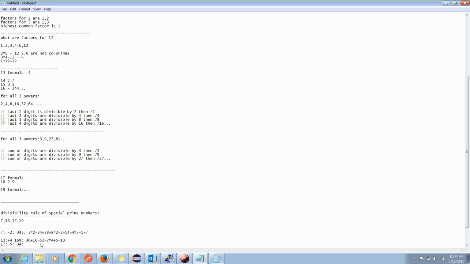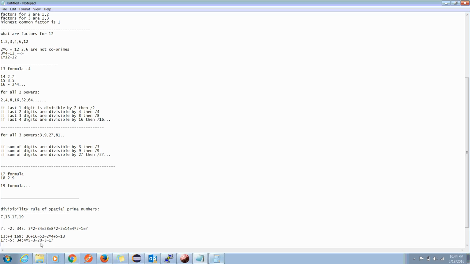You have to multiply the last digit with 5: 4 into 5 minus the remaining number, which is 3. 4 fives are 20. 20 minus 3 equal to 17. 17 is divisible by 17. So minus 5 means you multiply the last digit with 5 and keep on subtracting the remaining number. Apply this until you find a number which is divisible by that particular prime number.